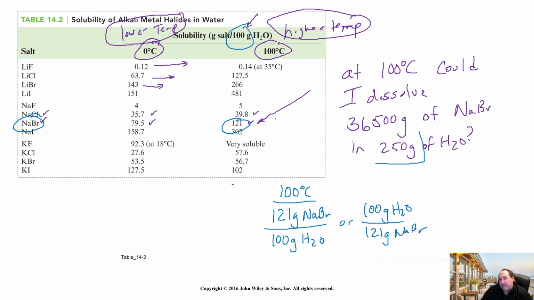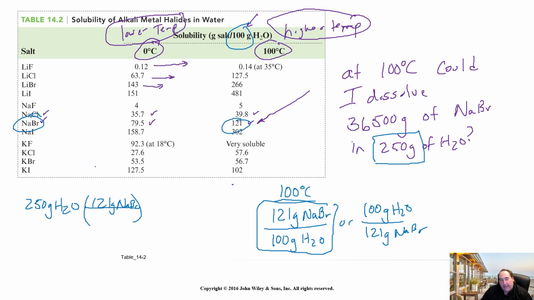So what we know is we do have 250 grams of water. So if we just do a little dimensional analysis here, 250 grams of water. We want opposites to cancel, so grams of water on the bottom, which means this guy: 121 grams of sodium bromide over 100 grams of water, cancel.